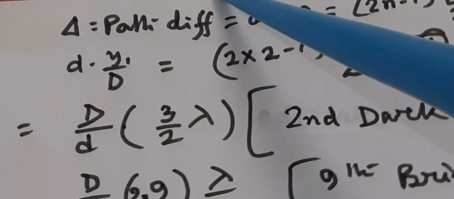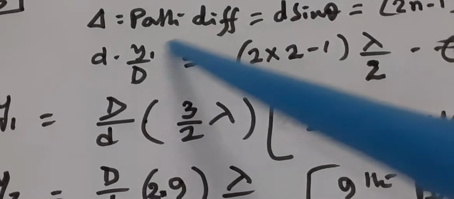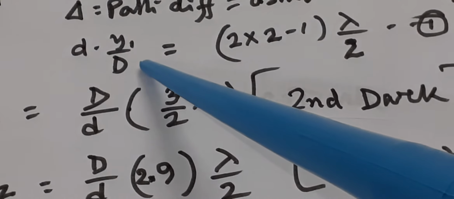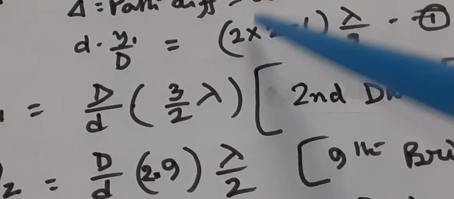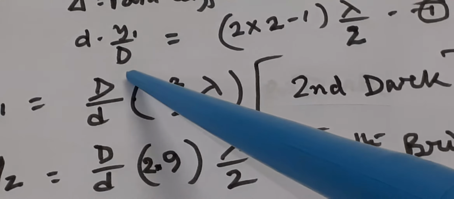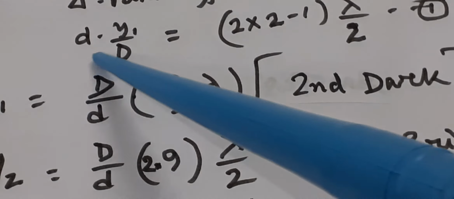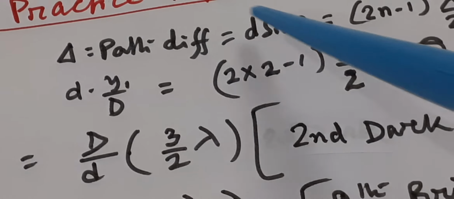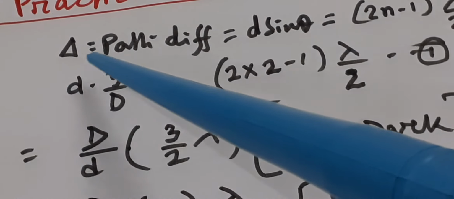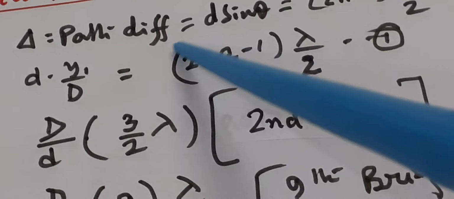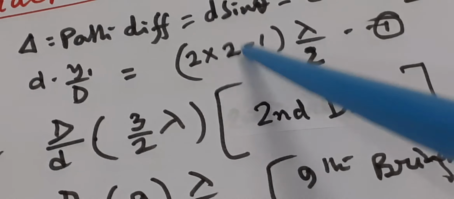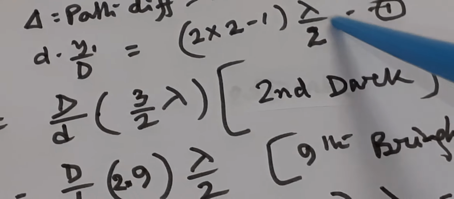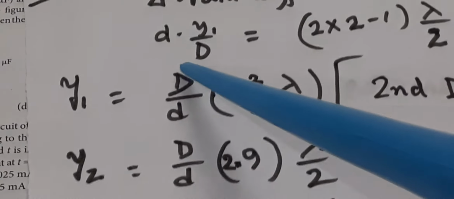Now d sin theta can be written as d tan theta, which is equal to y1 by D. I mean on the screen, from the central maximum the distance is y1, and D is the distance between the screen and the slit. So small d into y1 by capital D, that will give this one. We are talking about the second dark, means 2 into 2 minus 1, that will give us 3 by 2. Suppose we take y equal to what?